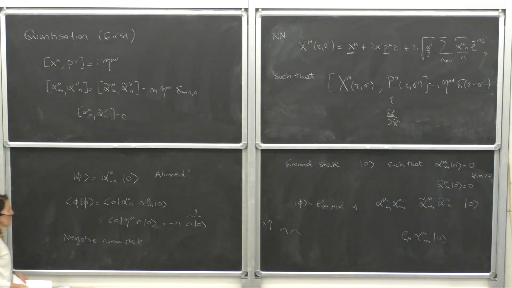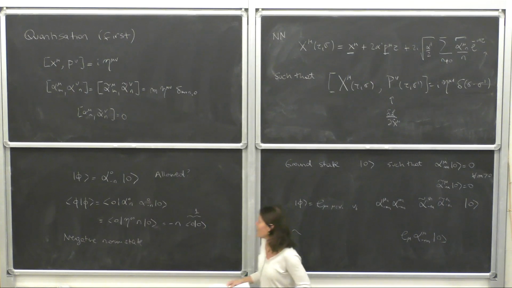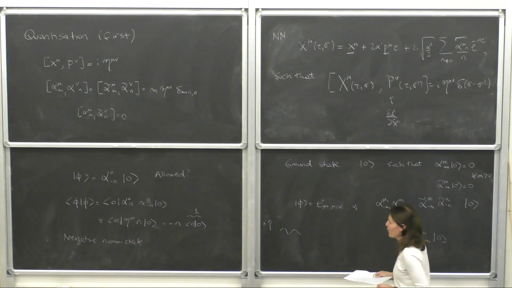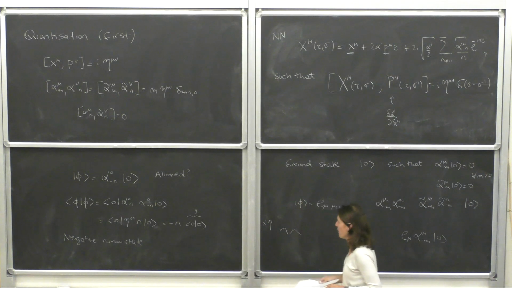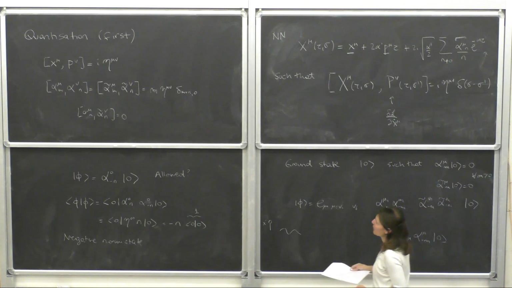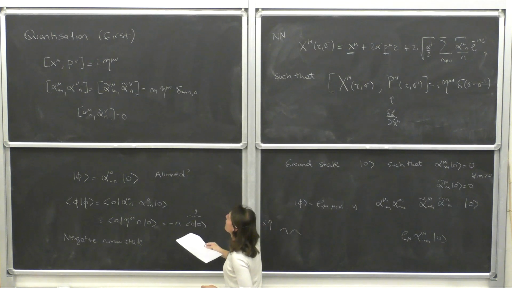And negative norm states are very bad. You lose unitarity, causality, I mean, everything, all hell breaks loose. So this shouldn't be an allowed state. And where am I going to see that this is not an allowed state? I'm going to see it by the constraint.